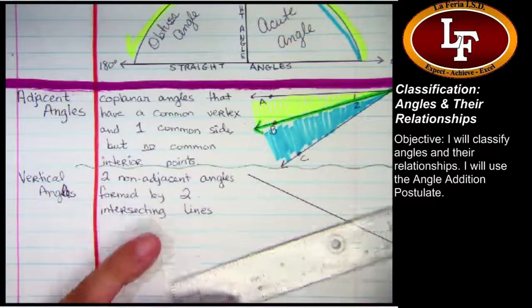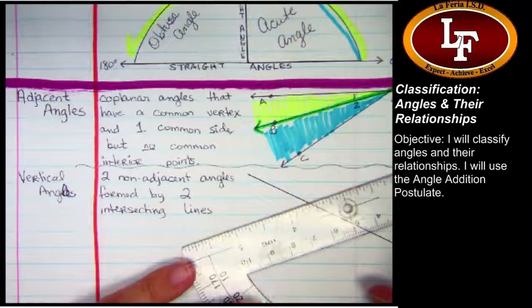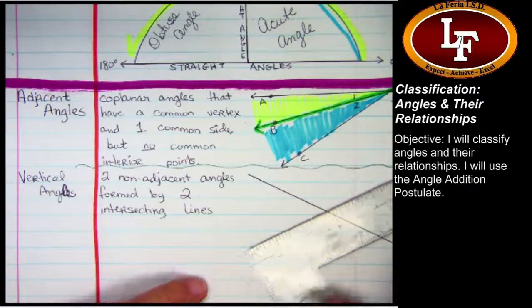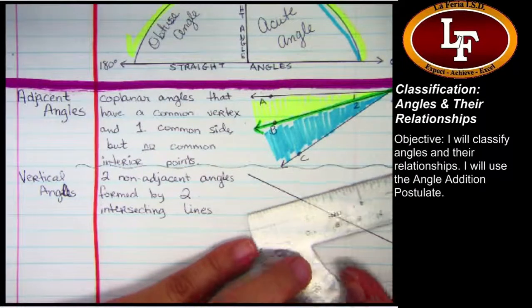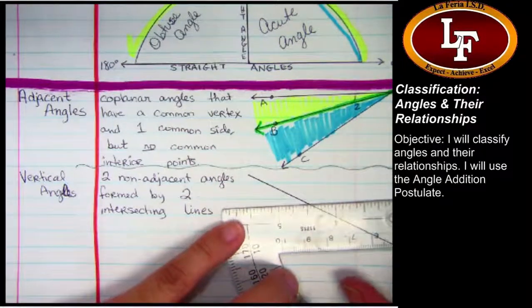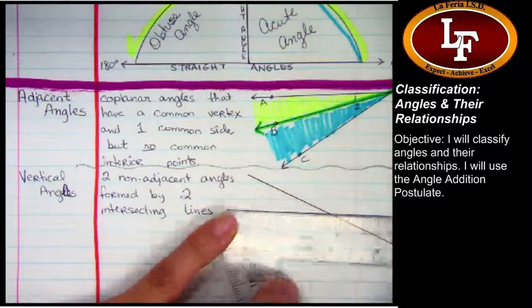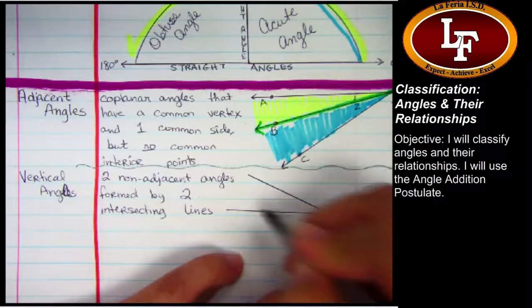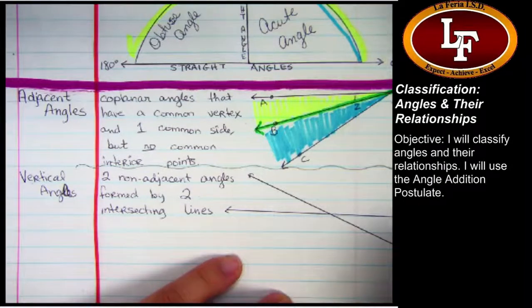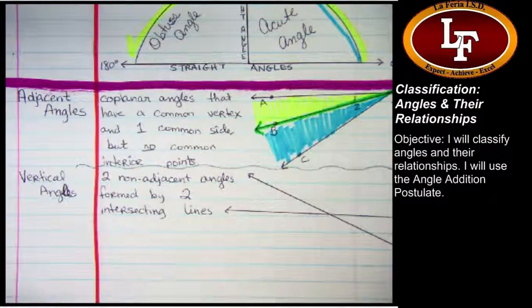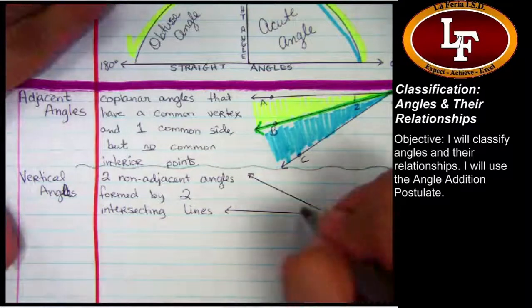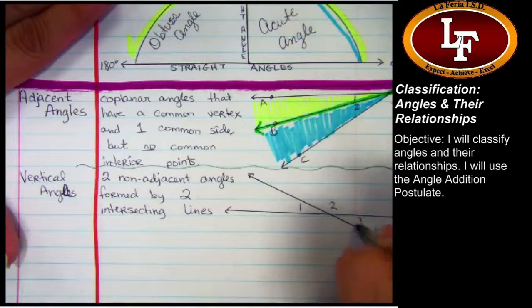Here's one line. Here's the other line. Okay, I'm going to mark them as lines. I'm going to put little arrows, and I'm going to label my angles 1, 2, 3, 4.